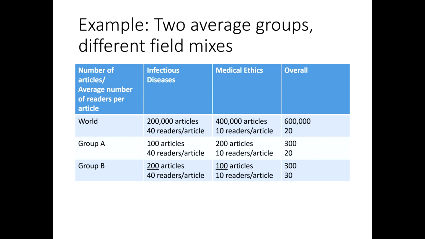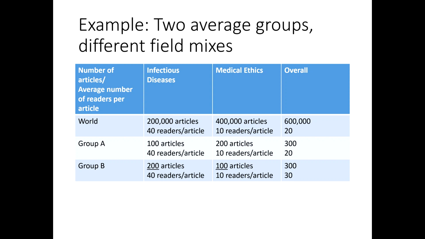It's because Group A publishes 100 articles in infectious diseases, the high impact specialism, but double, 200, in medical ethics, the low impact specialism. So because it publishes more of the lower impact specialism articles, it has a lower average reader count, 20. Whereas Group B publishes twice as many in the higher impact specialism, which is why it can have a higher average Mendeley reader count, 30.